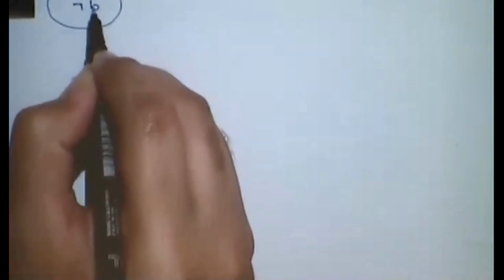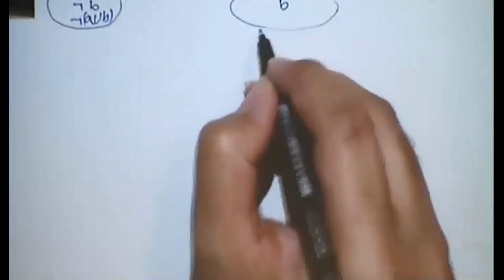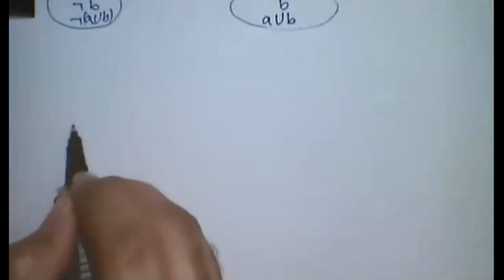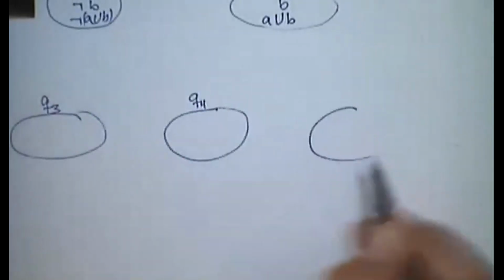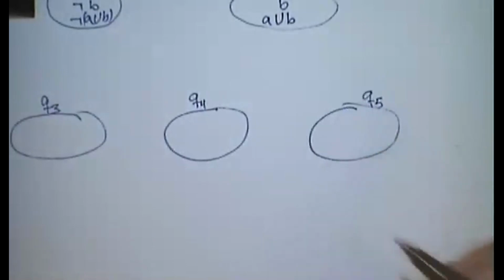I have Q1, which is not A, not B, and not A until B. Q2, which is not A, B, and A until B. Then Q3, Q4, Q5.